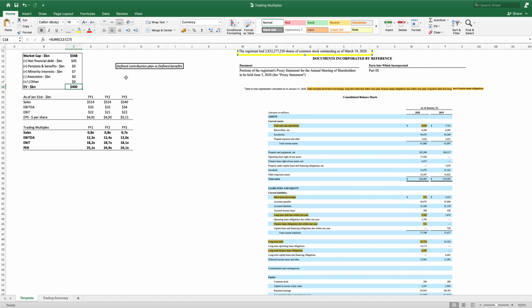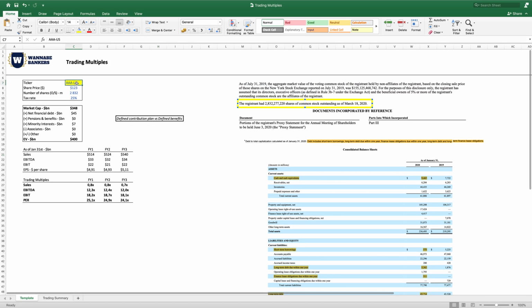So once you have calculated all the bridge items, you sum the market cap and the bridge items and you obtain the EV. The next part of the model is the financials of the listed peer. Normally you have a formula linked to Bloomberg or FactSet or other financial database providers that would give you directly the financial forecasts of the peer.